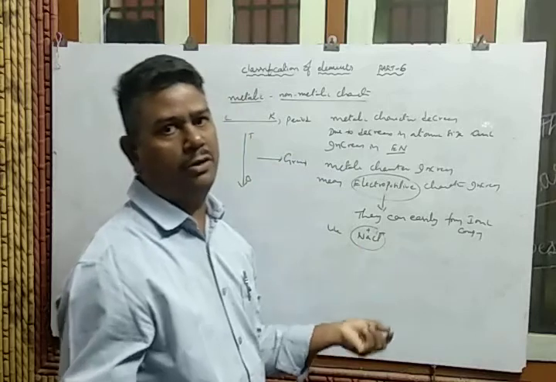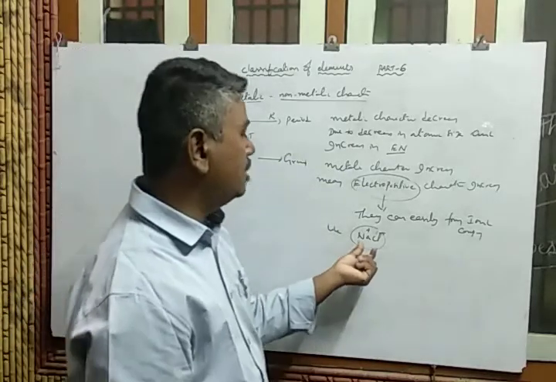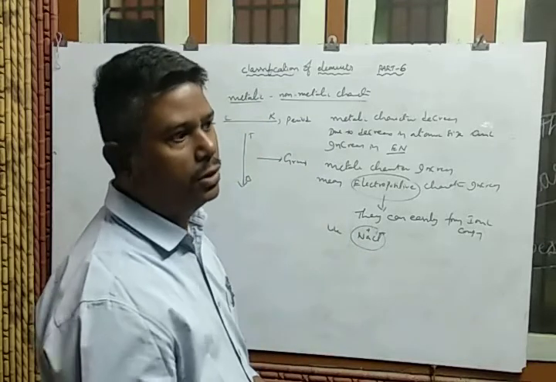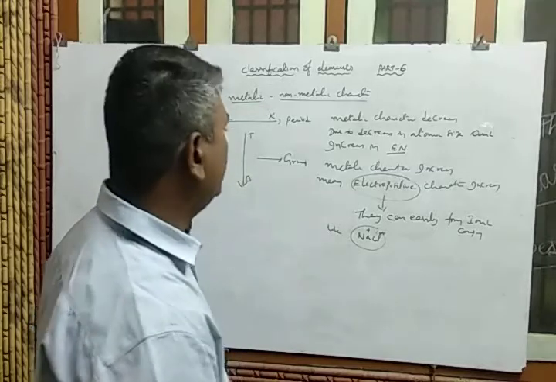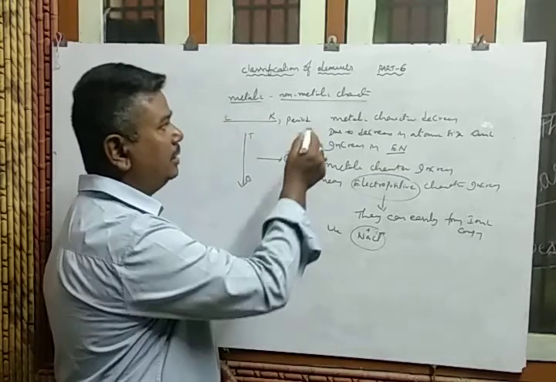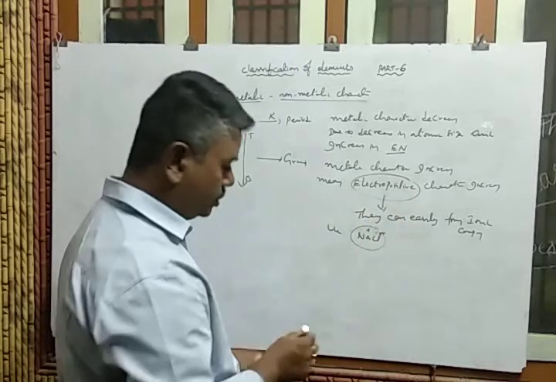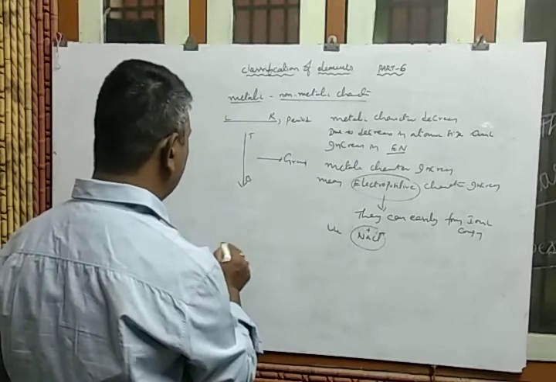Electrostatic forces are generated between the cation and anion and form a new compound, called the ionic bond. So the elements which are more electropositive easily form ionic compounds. Okay, that is about the metallic and non-metallic characters and electropositive character. Now, what about the nature of metallic oxides and oxides of elements?